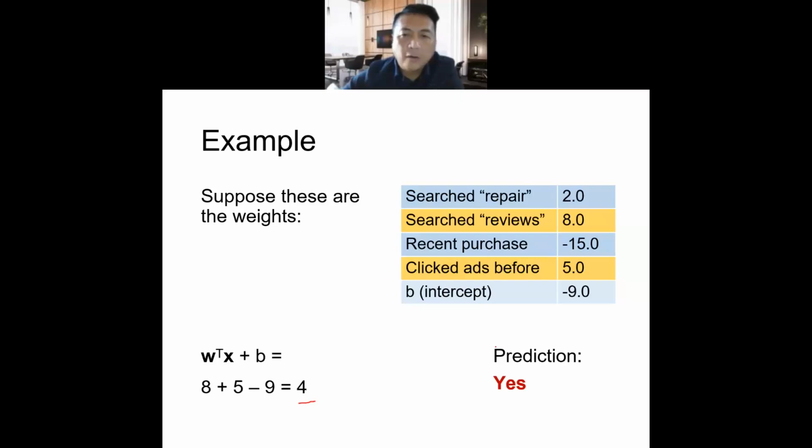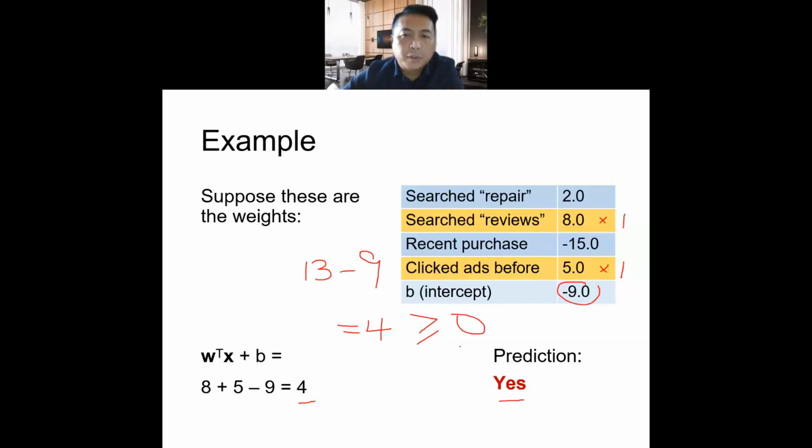How do we get 4? We add the weights 1 and 1 here, times the inputs, to get 13, minus the bias of 9. So we get 4, which is greater than or equal to 0. So our prediction is yes, positive.